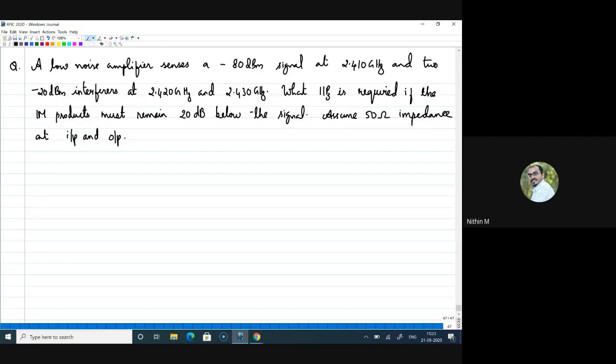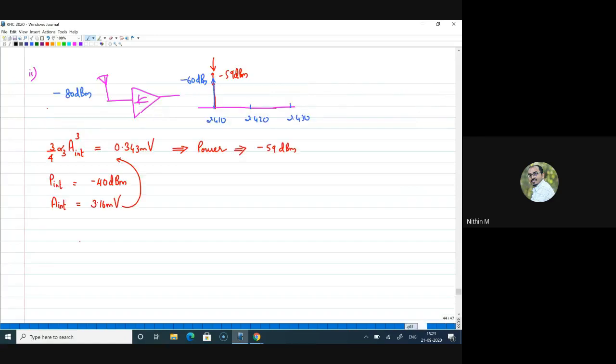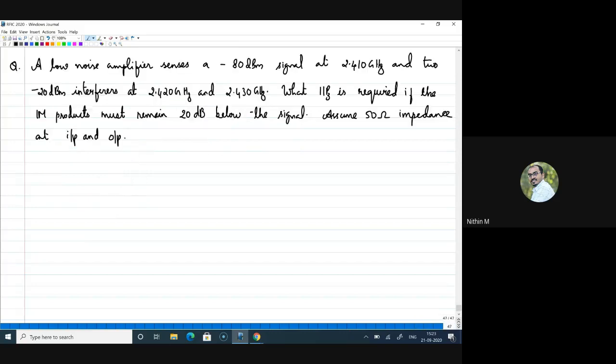You should not forget why we are finding this IP3. If we have no method to characterize this nonlinearity, the intermodulation products will definitely corrupt your fundamental signal. In this example, your intermodulation product falls directly on the fundamental component and thereby corrupts it. That is why we bring in this measure of IP3.